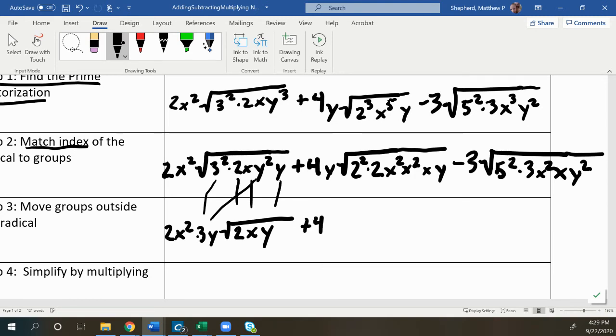Okay, plus 4y, and then we're going to have a 2 come out, an x come out, another x come out, and then what's going to stay inside there is a 2, an x, and a y.